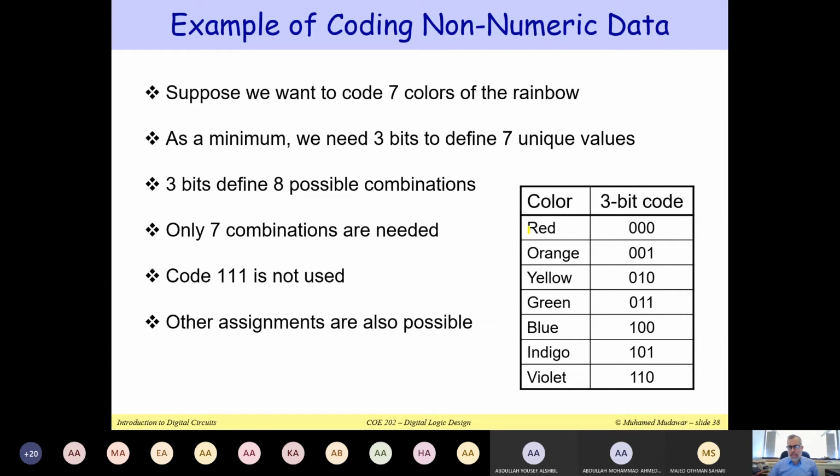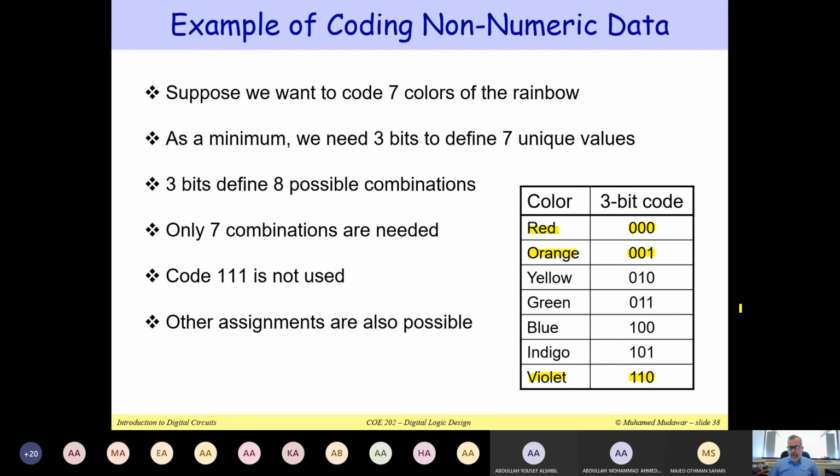So for example, we assign red the unique code 000. Orange, for example, can be 001. And finally, let us say violet will be 110. So these are the 7 colors of the rainbow. So 3 bits, as a minimum. If I use 4 bits, I can have up to 16 codes, but I don't really need 16.